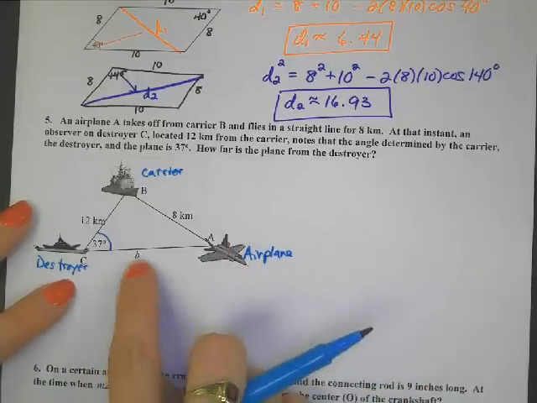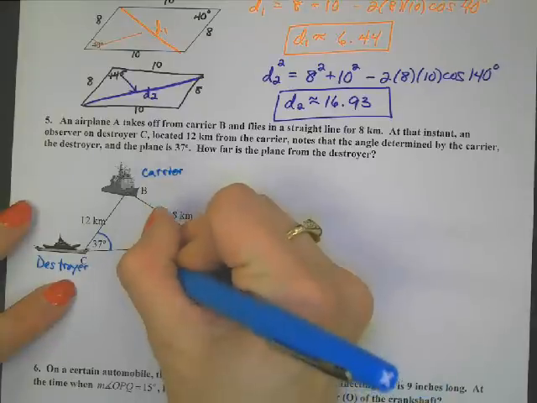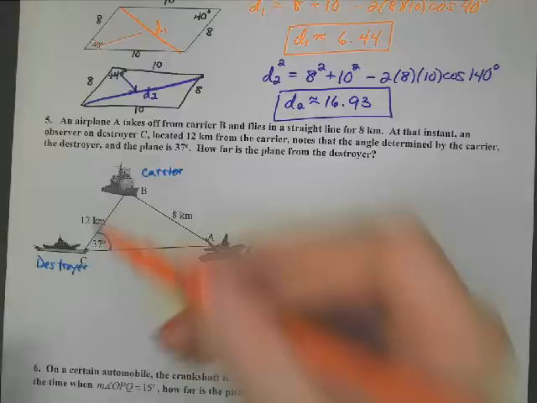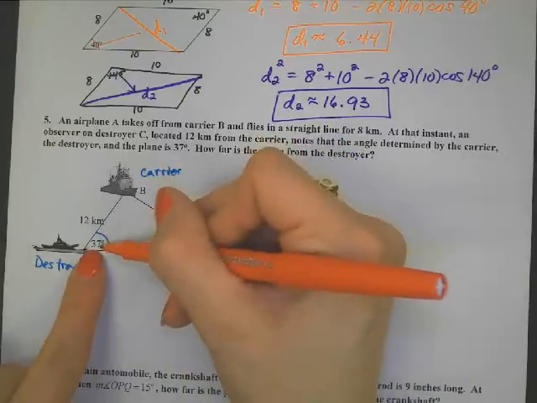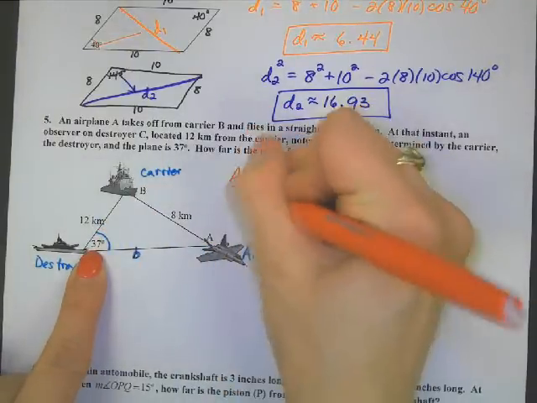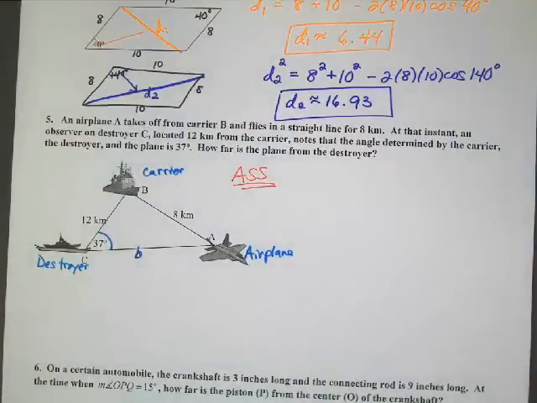How far is the plane from the destroyer? Okay, so they want us to find B. Remember, starting now, you must observe every triangle you work with and determine if it's the ambiguous case. The information given is angle, side, side. That is definitely the ambiguous case, so we must use the law of cosines.